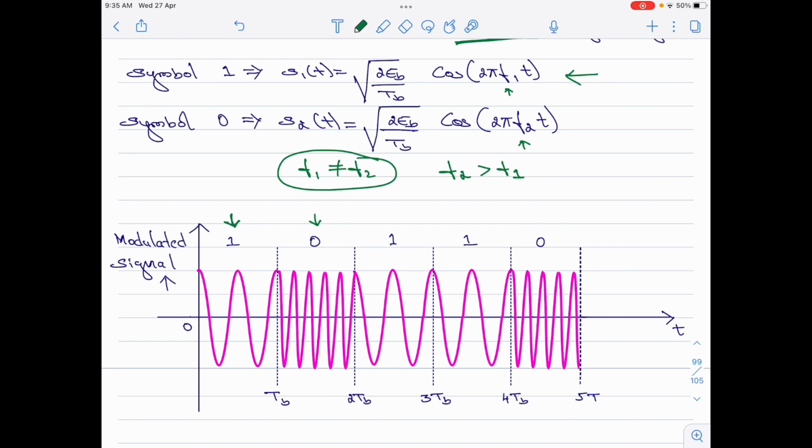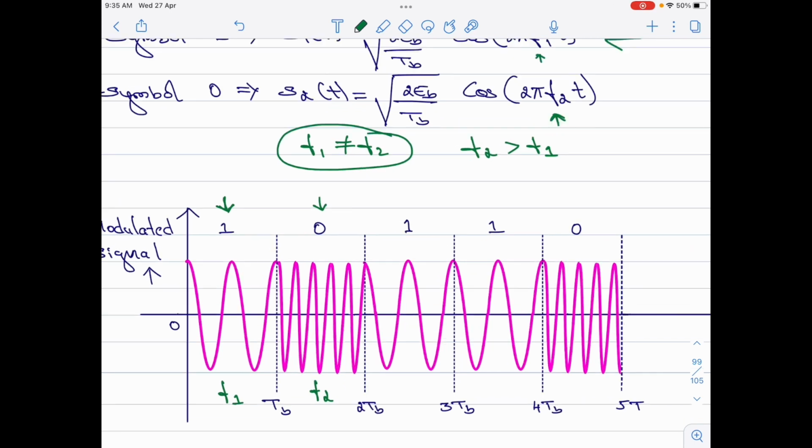Then when I move on to the second bit, which is bit 0, please note I need to now change the frequency of the carrier. As you can see here, I have changed the carrier signal frequency to a higher one. So, this is actually F2, which represents symbol 0, and this is F1. We have a phase continuity which must be noted.